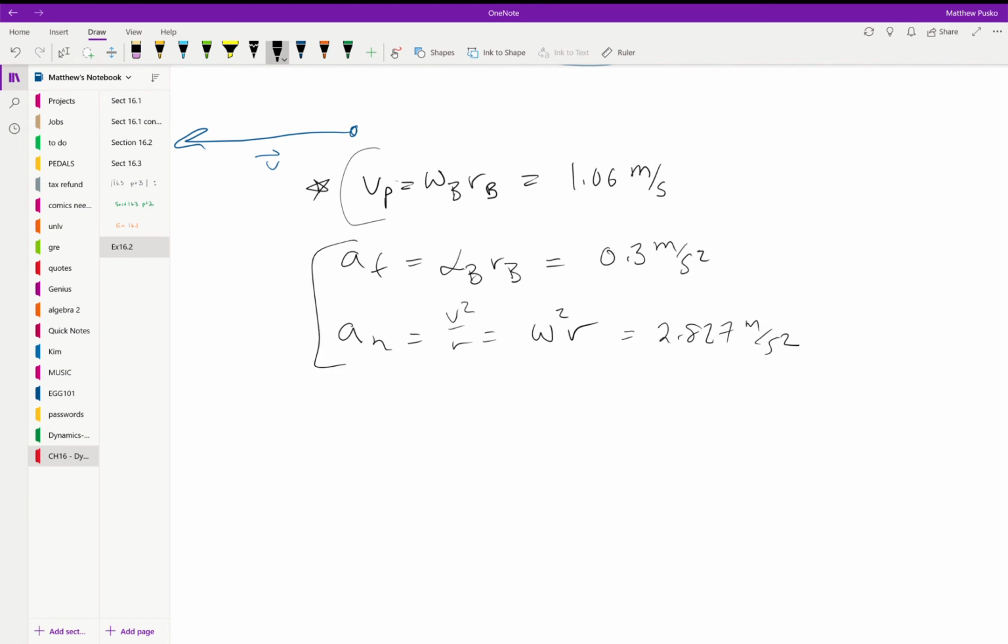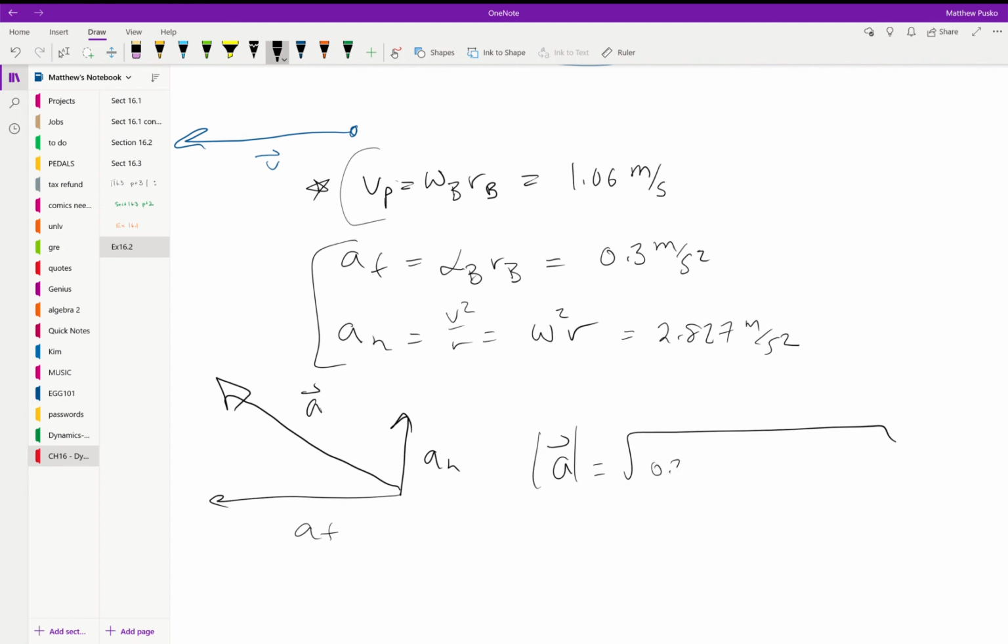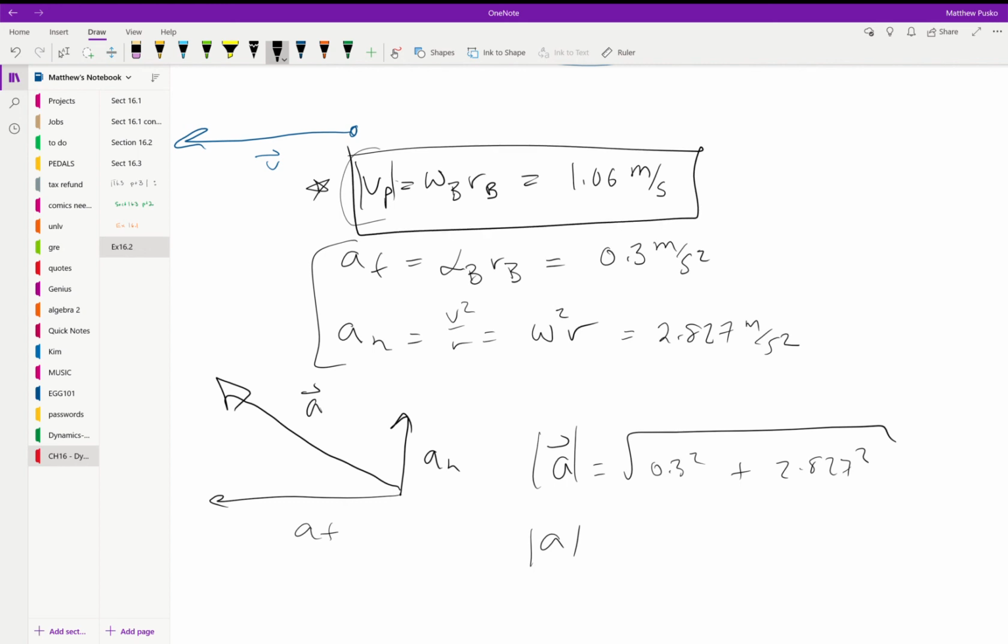Now, we need to take these two components because the tangential component is like this, the normal component is like that. We need to figure out the magnitude, which is what it asked for. And y'all know how to do it. It's the square root of 0.3 squared plus 2.827 squared. We get a magnitude of the acceleration as 2.84 meters per second squared. Thank you.